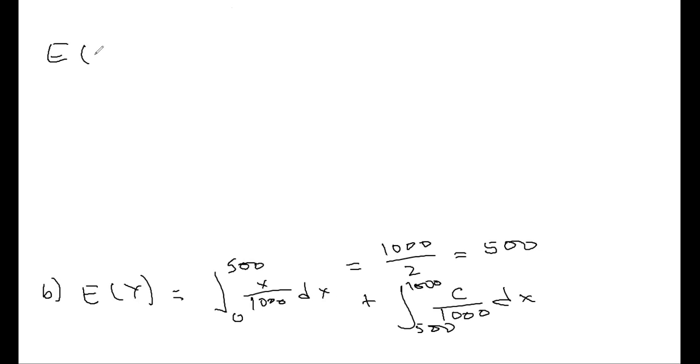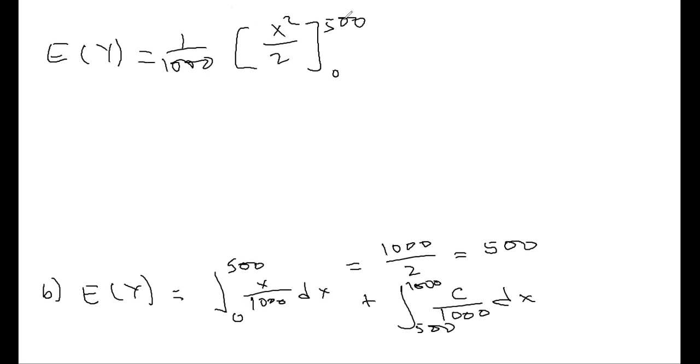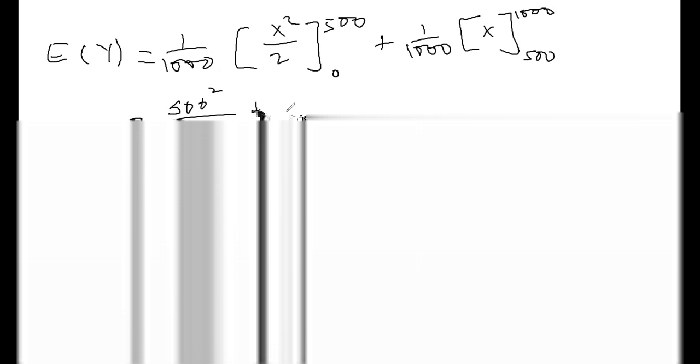And so E of Y is equal to 1 over 1000 times x squared over 2 from 0 to 500, plus 1 over 1000 times, which is 500 squared over 2000, plus 1000 minus 500.